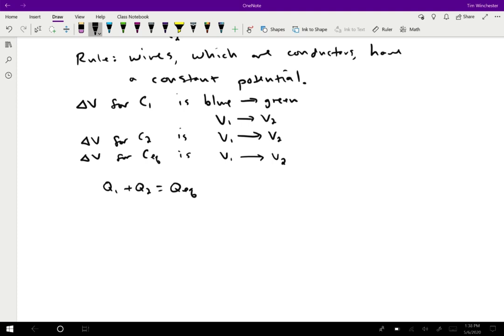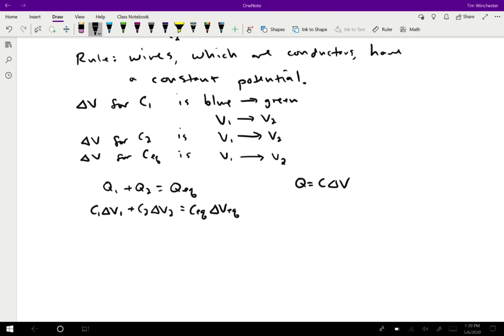Now I'm going to use the definition of capacitance, Q equals C delta V. I'm going to replace these Q's with C's and delta V's. So Q1 becomes C1 delta V1 plus Q2, which is C2 delta V2, equals Q equivalent, which is C equivalent delta V equivalent.